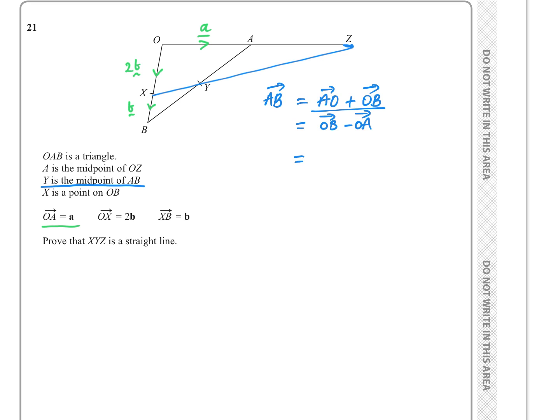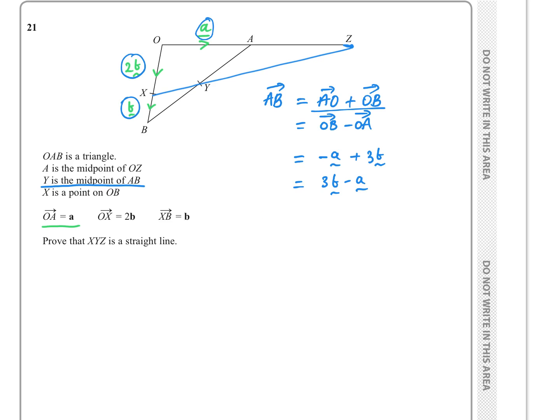So we know that A to O must be negative A, and O to B is, well, be careful, it's 2B and another B, which is 3B. And we can write that as 3B minus A. Now the important thing is that was A to B. So we know what Y is, it's the midpoint.